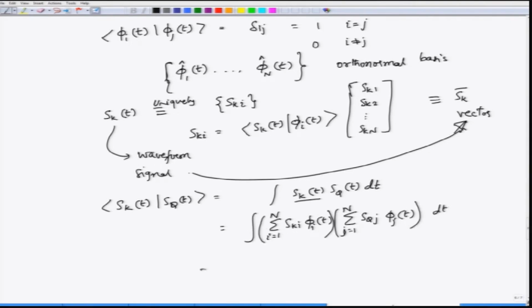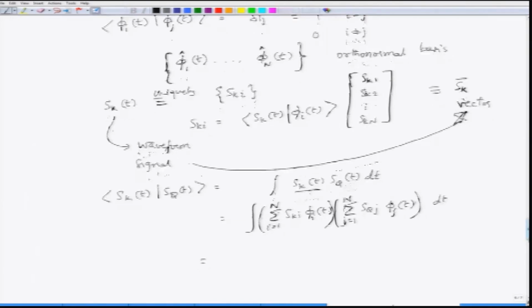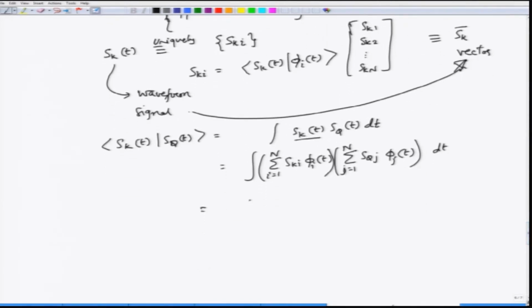Now, I can interchange the order of summation and integration. So I can write this as a double sum over i and j of Ski Sqj, times the integral of phi i of t phi j of t dt. But this is nothing but the inner product of phi i and phi j, which is equal to delta ij.